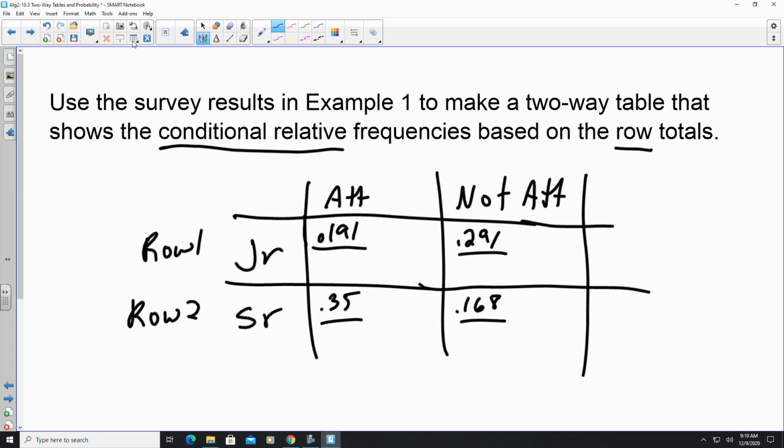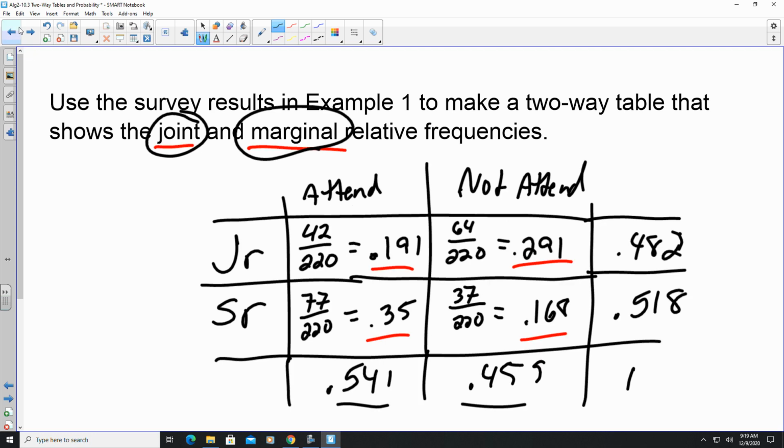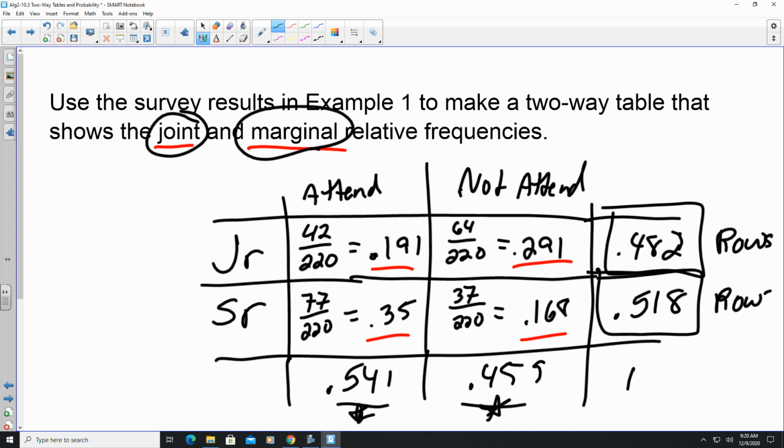So we're going to be using these values here as our respective denominators. So 0.482 and 0.518. And again, if it was columns, then you would use these ones here. But these are rows. So this is rows and rows, columns and columns.